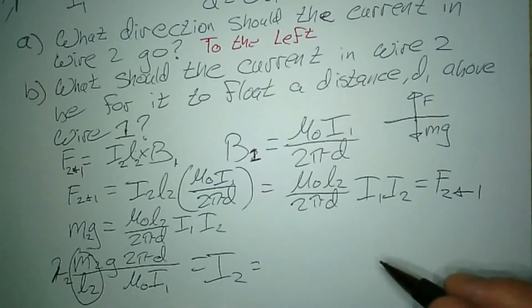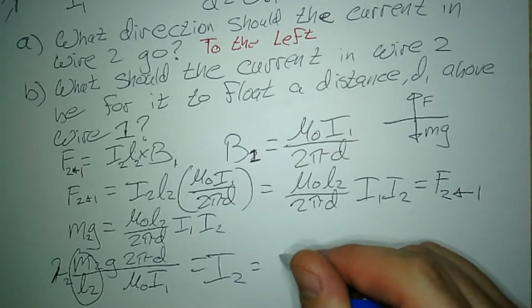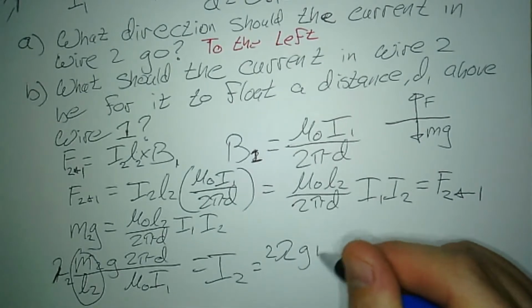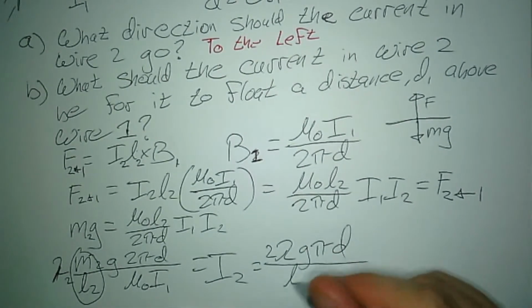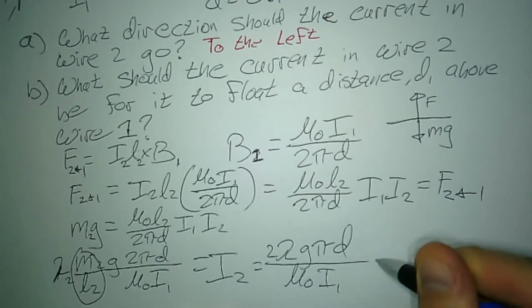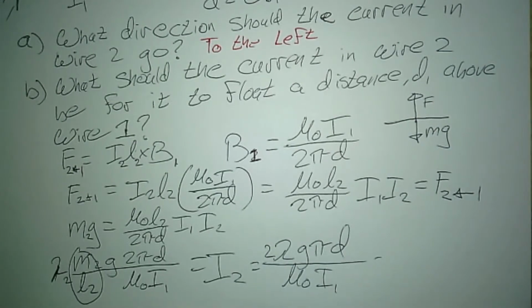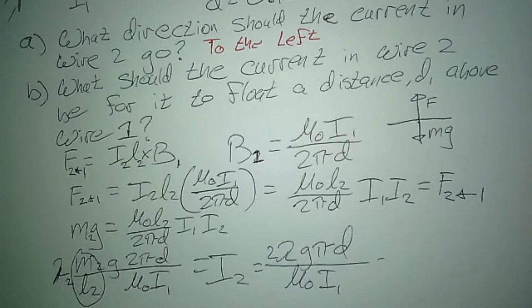So we can write this as lambda g, let's put our 2 up front, 2 times pi d over mu naught I1, and that is equal to I2. So that's going to be my answer there, but we'll go ahead and put the numbers in and get back to you in a second.